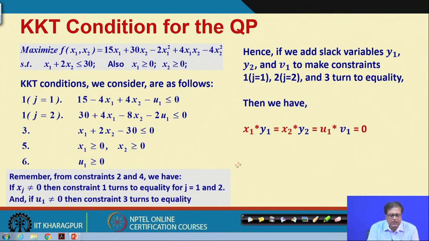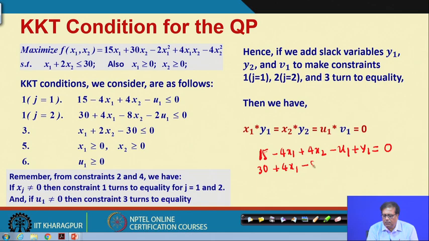If we add slack, then we have 15 minus 4x1 plus 4x2 minus u1 plus y1 equal to 0, 30 plus 4x1 minus 8x2 minus 2u1 plus y2 equal to 0, x1 plus 2x2 minus 30 plus v1 equal to 0.